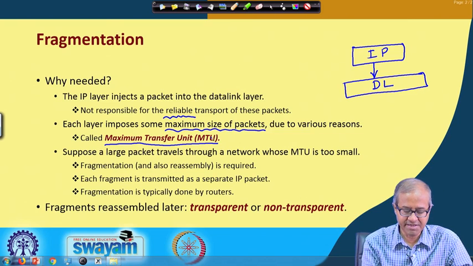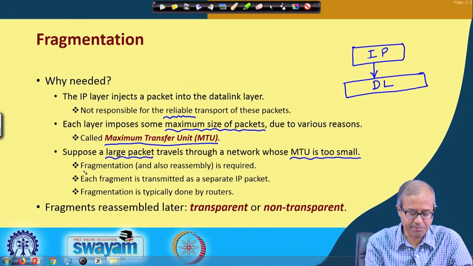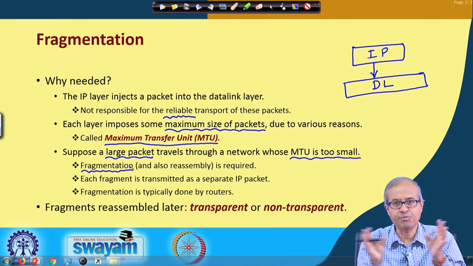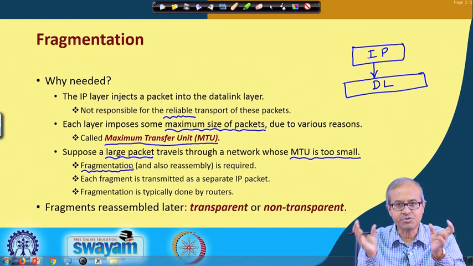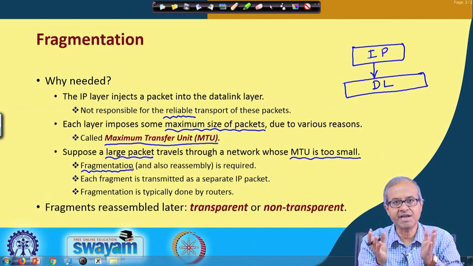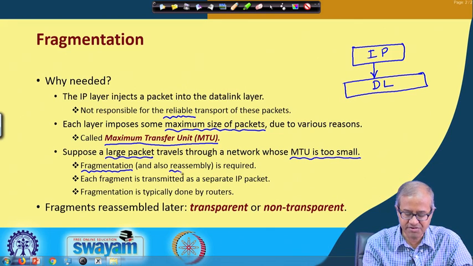So, as I had said, suppose I have a large packet and it is trying to flow through a network where MTU is rather small. So, what will happen? There will be a process called fragmentation which will take place, where the packet will be broken up into smaller packets, and somewhere later the smaller packets will have to be put together again to get back the original packet. That part is called reassembly.